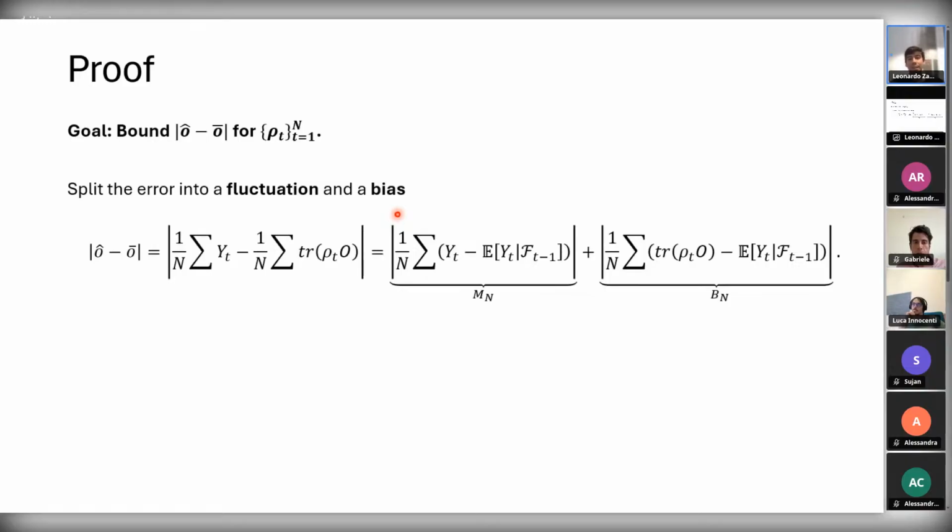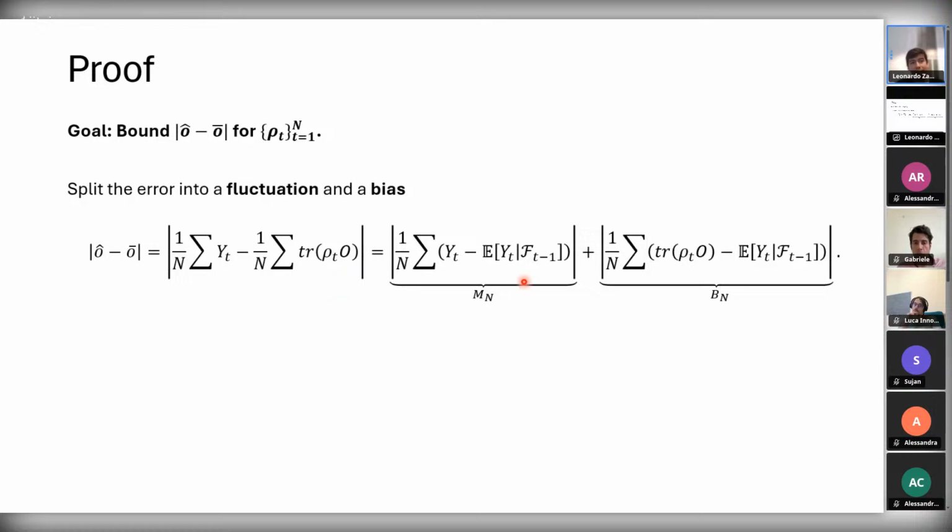And then the first step is to decompose our total error into two distinct parts, the bias and the fluctuation. So this YT is the truncated estimator, and this is the exact quantity we want to estimate.